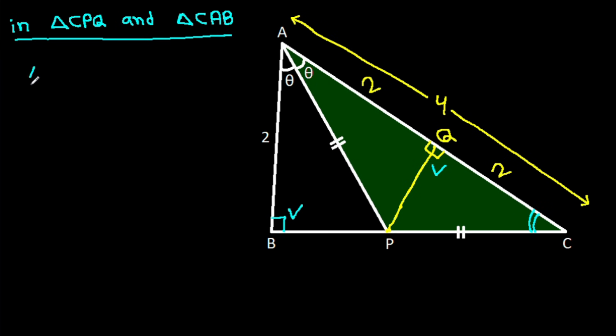That means triangle CPQ will be similar to triangle CAB.